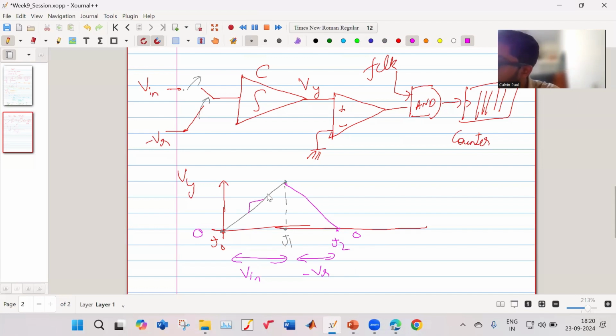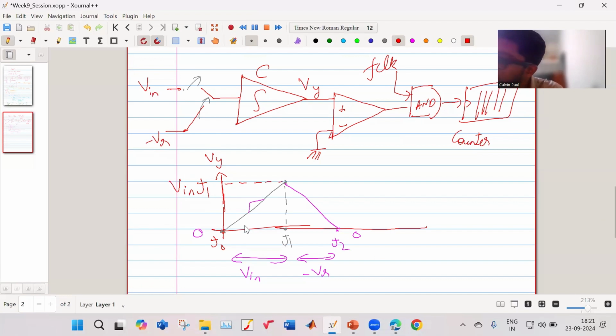This is my Vy voltage. It will reach a maximum value, which is given by Vin into T1, because it is an integrator.